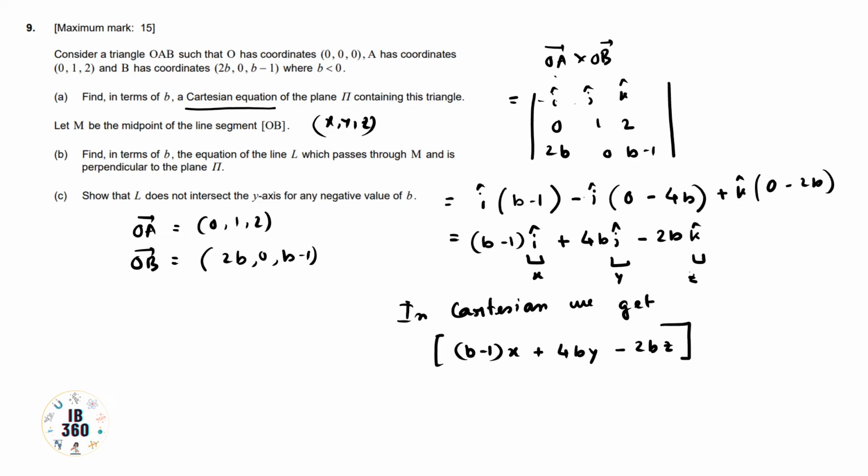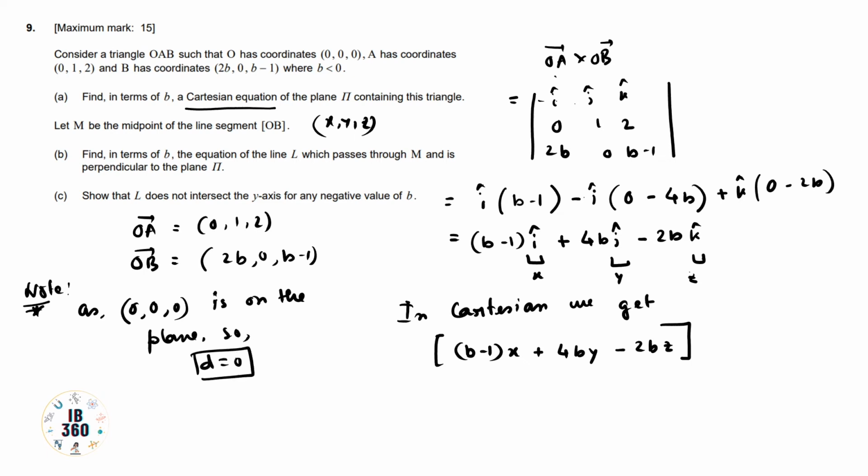Now one more thing, this is a very important point. As 0 comma 0 comma 0 is on the plane, the d value will be 0. d is nothing but the constant value for the plane, so this value will be 0.